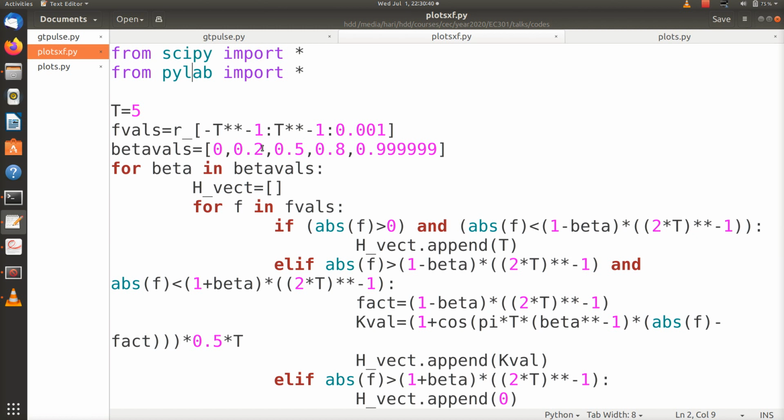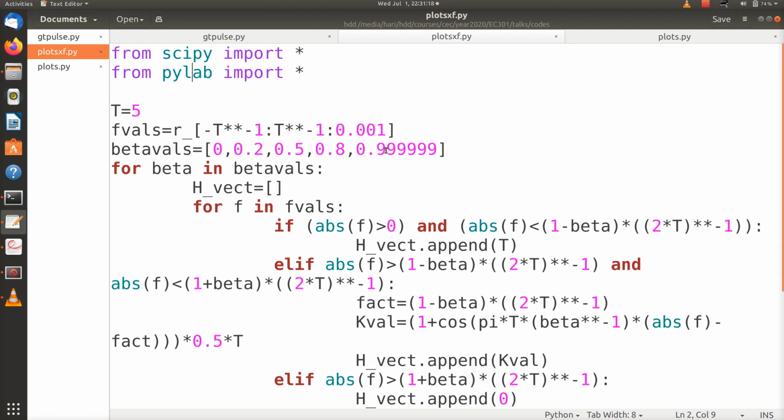I am interested in all frequencies from minus 1 by T to plus 1 by T. So I have selected a frequency range from minus 1 by T to plus 1 by T with an interval of 0.001, and I have chosen some beta values. I have to understand the behavior of my roll-off for different beta values, say 0, 0.2, 0.5, 0.8.